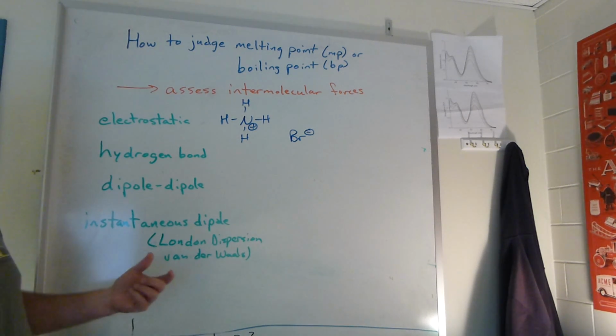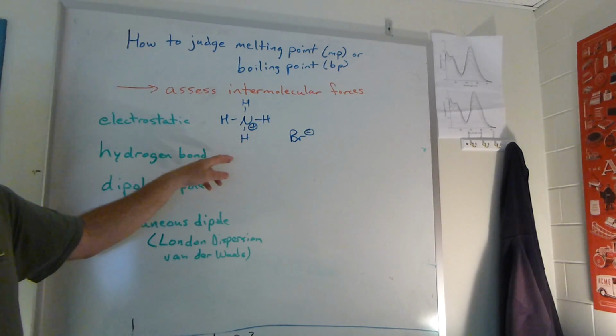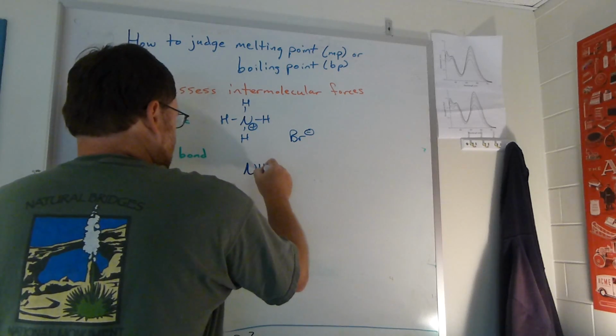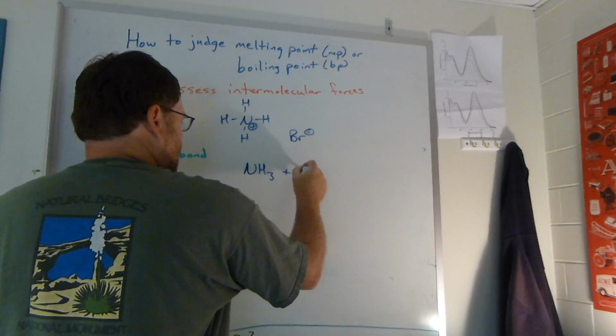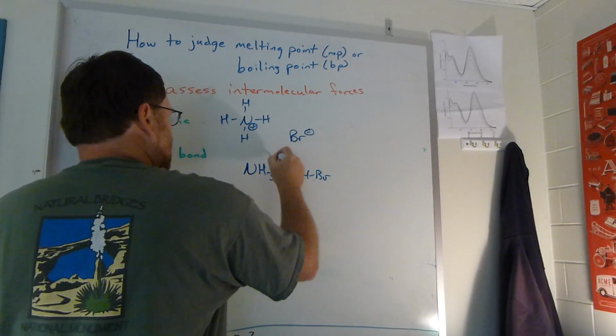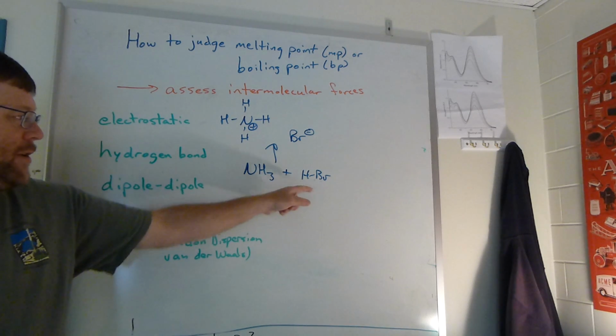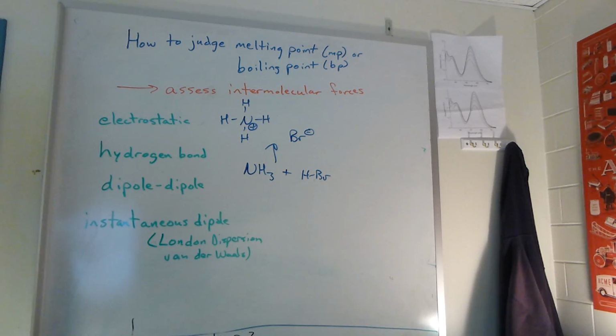But actually the reason ammonium bromide, which has a fairly low molecular weight, so ammonia, you get this by reacting ammonia plus HBr will give you ammonium bromide. Ammonia is a gas, HBr is a gas, and yet it makes a white solid that melts at a relatively high temperature.